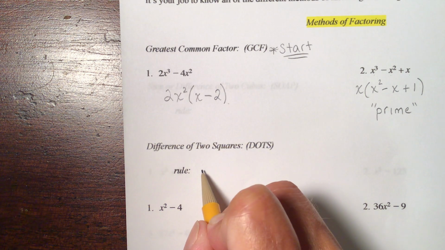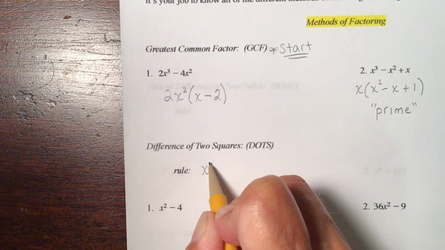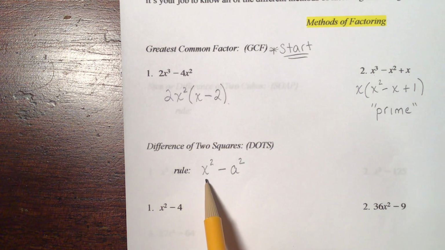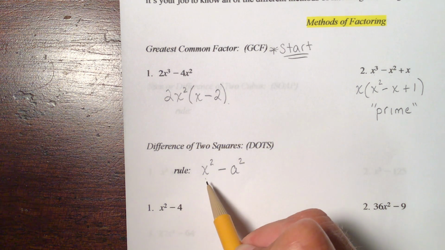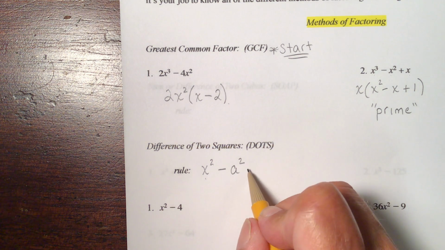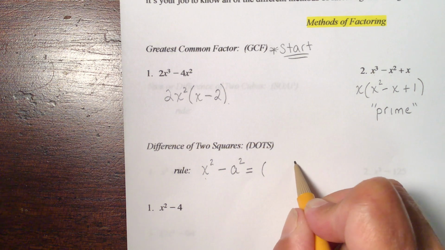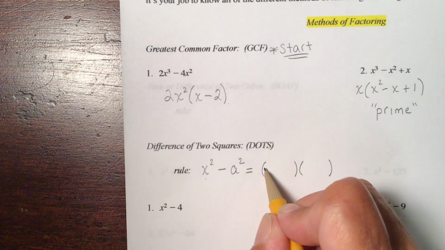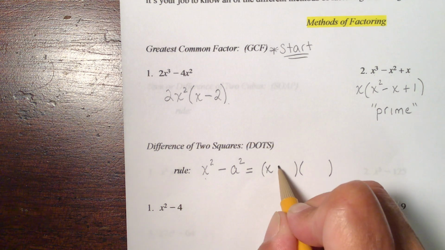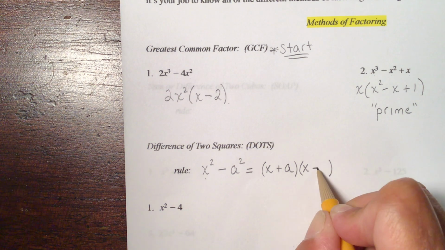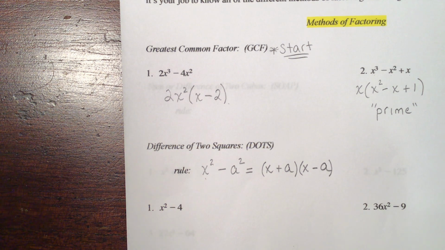Now, another method you already know is difference of two squares. Our rule for a difference of two squares is if you have an x squared or an x to the fourth or x to the sixth, whatever the case may be, so if you have two terms that are both perfect squares, they're going to break up into two sets of parentheses: the square root of the first term plus the square root of the second term, and the square root of the first term minus the square root of the second term.